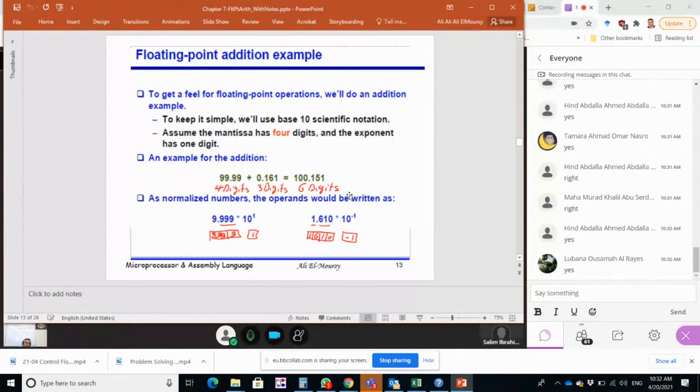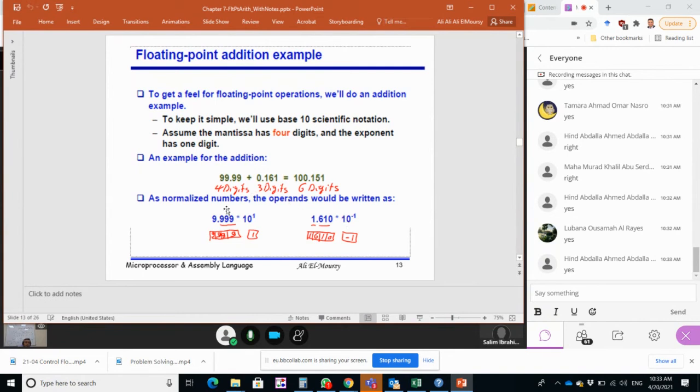Do you see the result here? The result of adding those two numbers should be mathematically 100.151. Do you agree on the result? Yes, you agree. Very good. Can you notice the problem here?